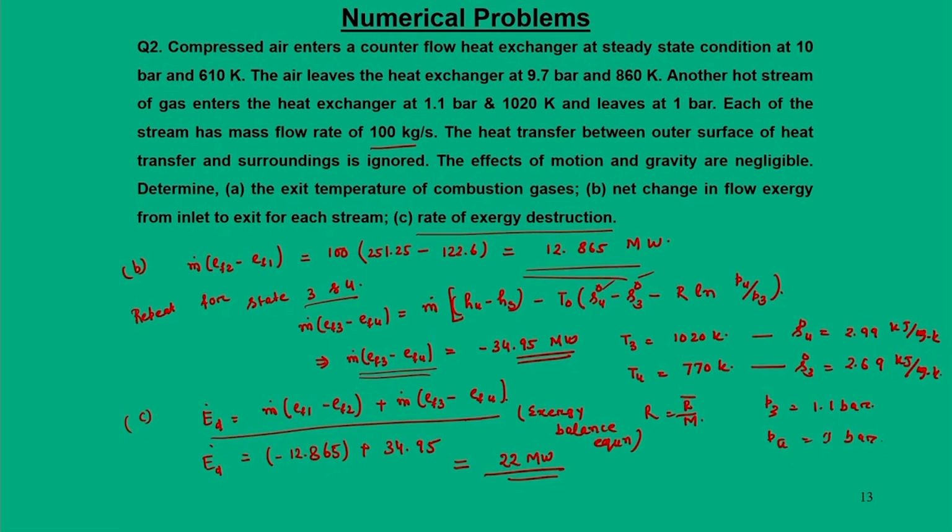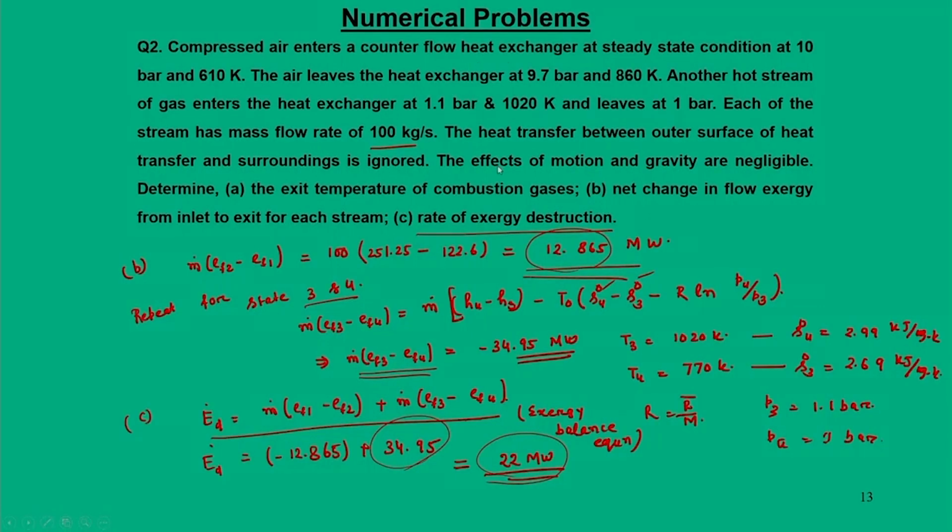So, this analysis tells that we are talking about inflow exergy numbers of about 12.865 and 34.95, but we are losing 22 megawatt of exergy. So, this means that substantial exergy is destroyed. In other words, loss of energy is much higher due to irreversibility.